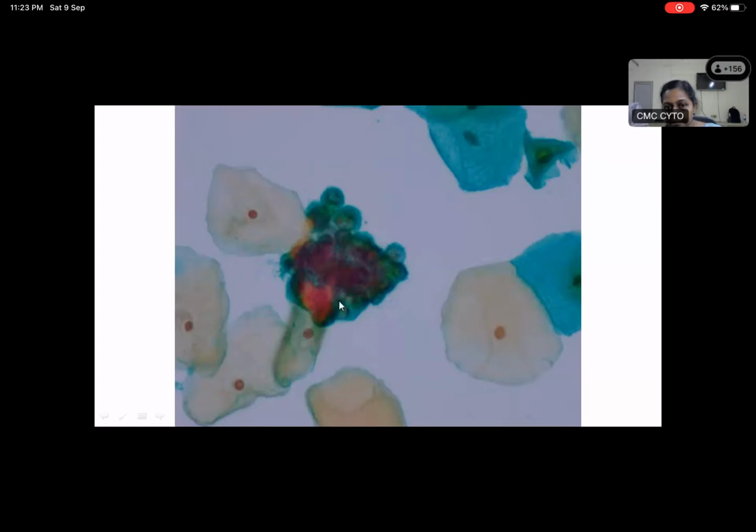Here there was not much crowding or overlapping, but here there is crowding and overlapping. Okay. But what about the chromatin? It is still fine.